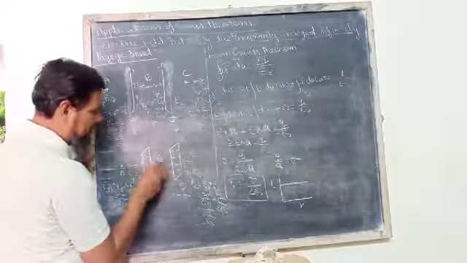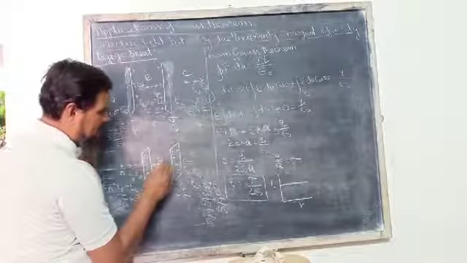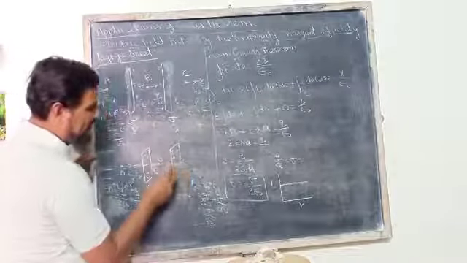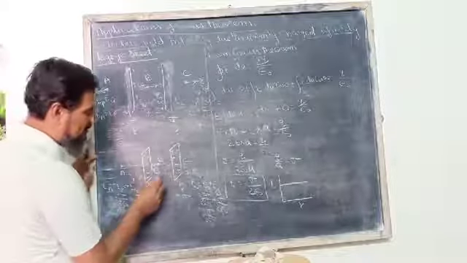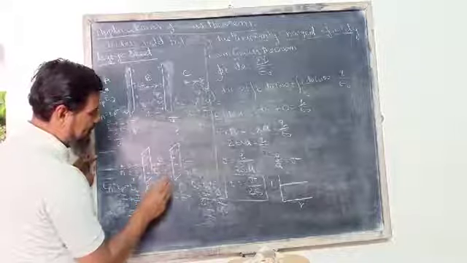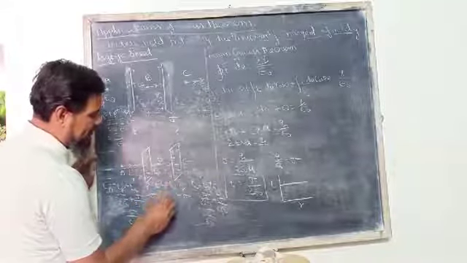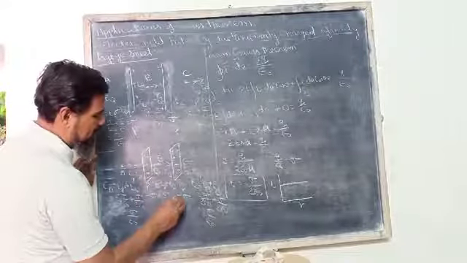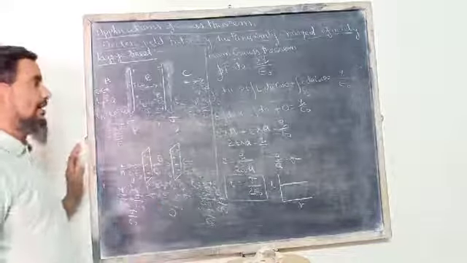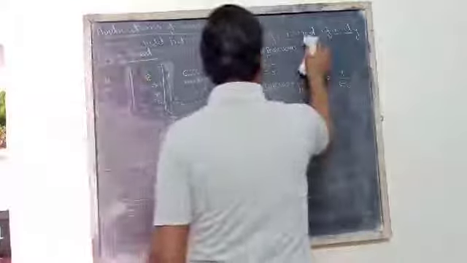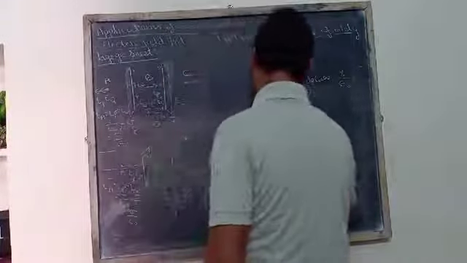Between the plates, the electric field intensity EP will be towards plate P, and EQ will be towards plate Q. Both are equal in magnitude, opposite in direction. So at point B, EP minus EQ means again sigma upon 2 epsilon naught minus sigma upon 2 epsilon naught is equal to 0.